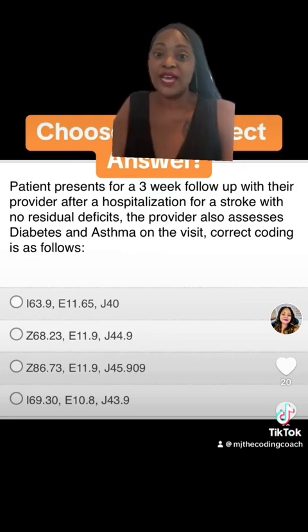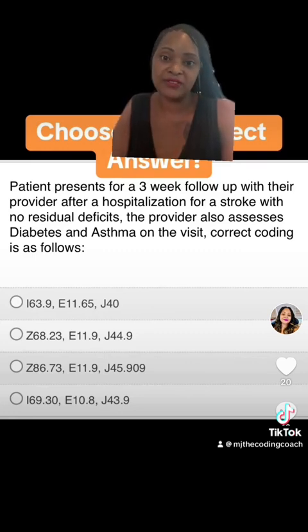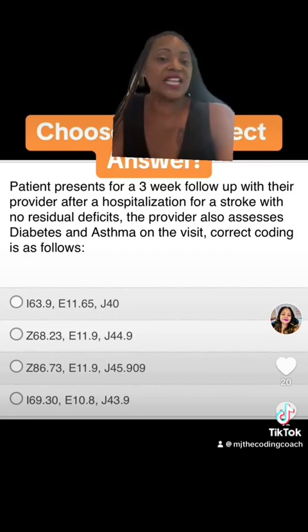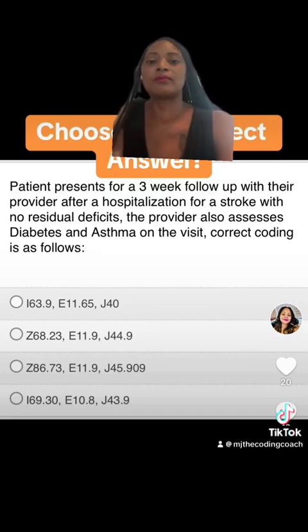If you did not know that, look again on page G13 in your ICD-10 book if you have the AAPC version. So from looking at these options, I can tell that D, as in Delta, is the incorrect answer. It has E10.8, and we know that E10 is diabetes type 1. It's not type 2 that we're looking for.